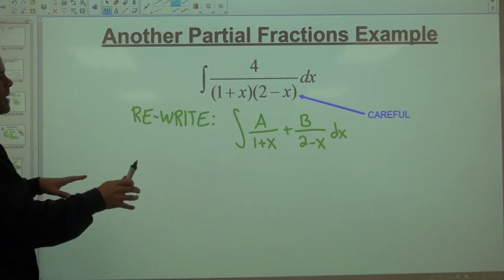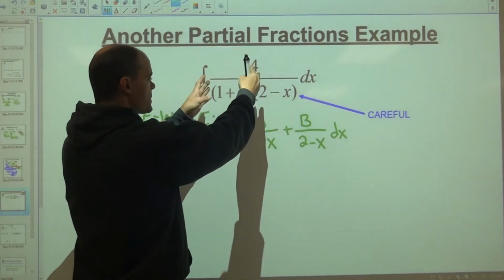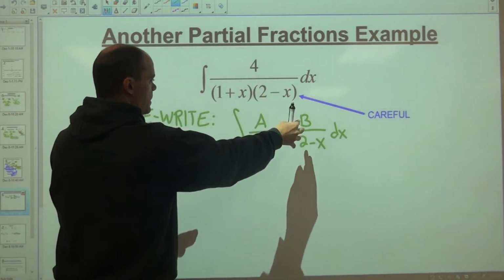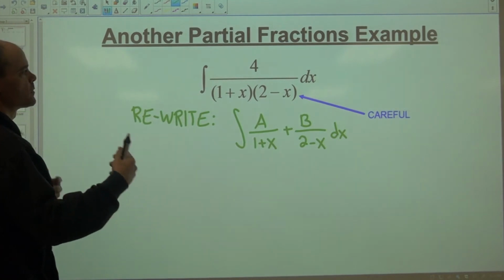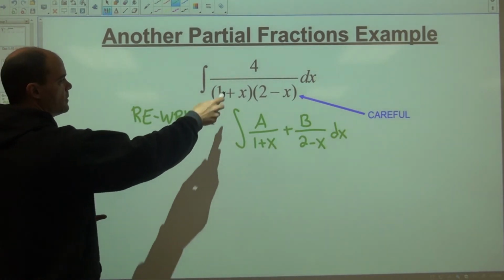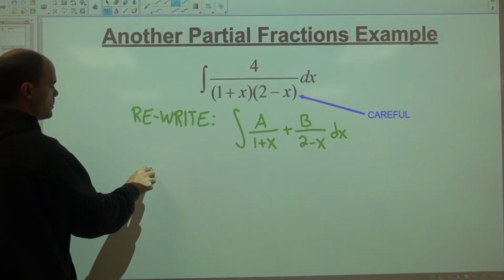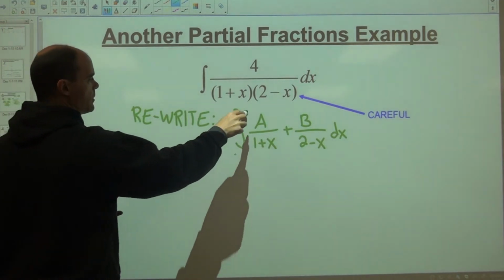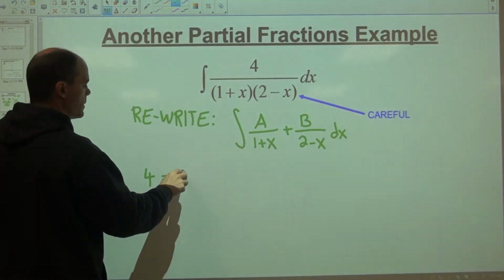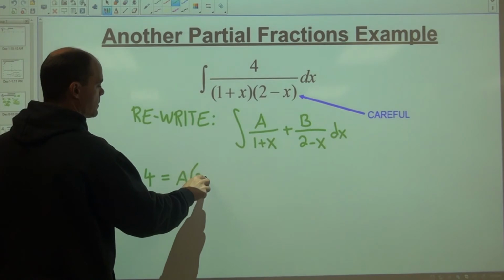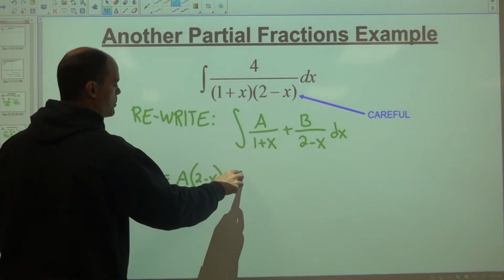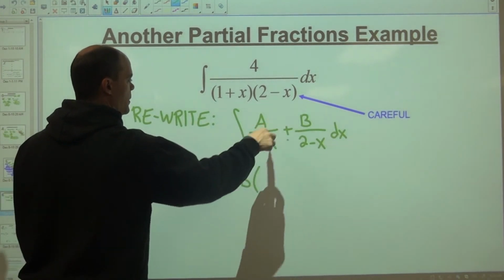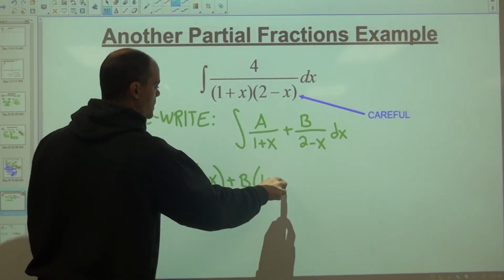So what am I going to skip past? Well, I know I'm going to set this equal to this. I know I'm going to multiply this by 1 and this by 1. I know I'm going to cancel the denominator, so eventually what I'm going to get to is this numerator is going to need to equal this times the other denominator, A times 2 minus x, plus B times the other denominator, 1 plus x.